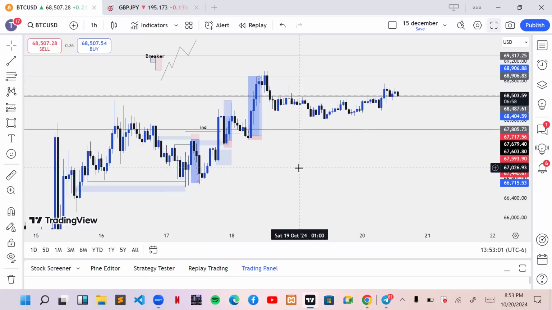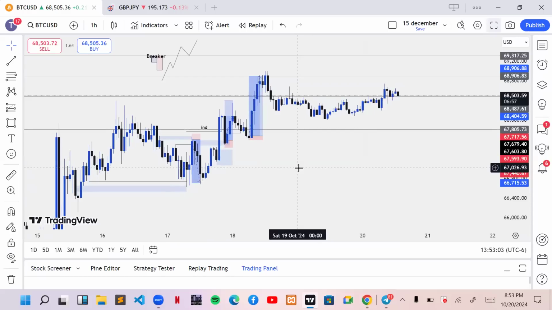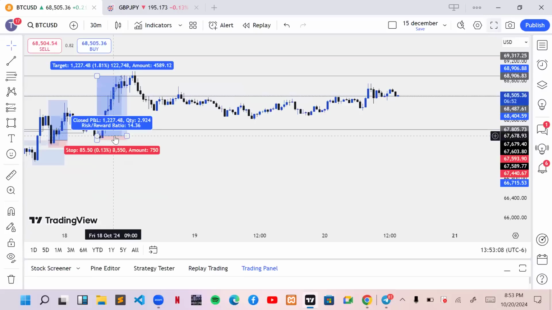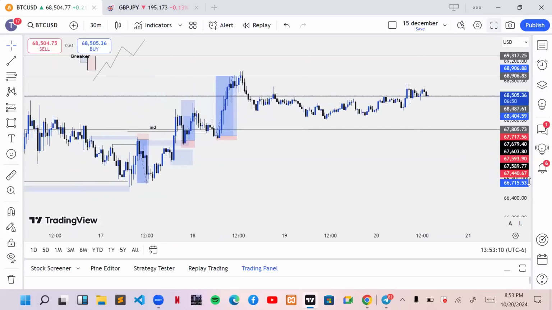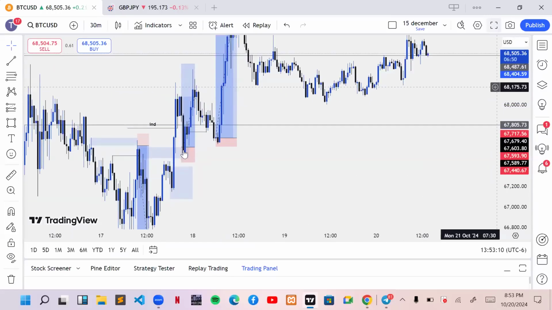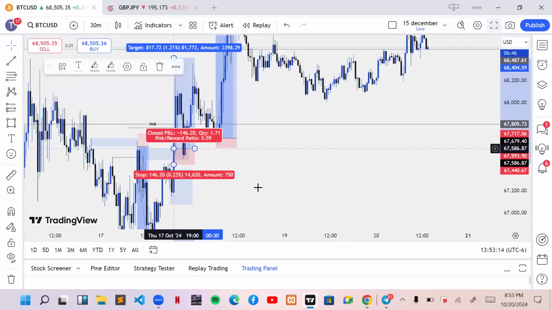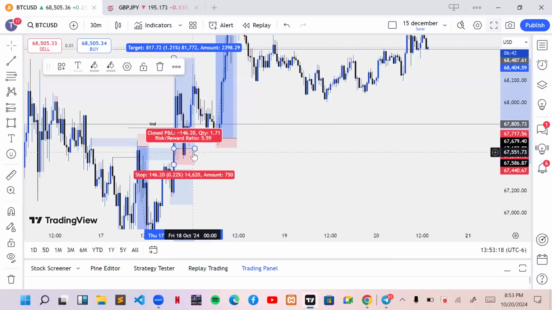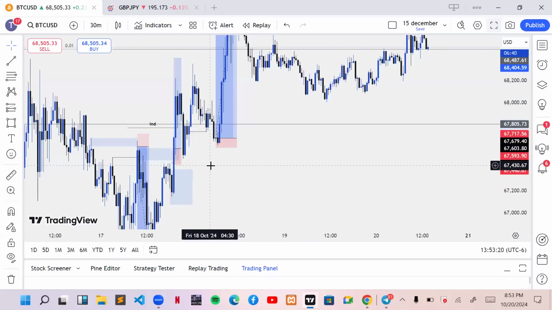Let me see if I can find that trade. I don't really remember the trade form. Let me see if I can find it. I think, yeah, it's this trade here. It was this trade, but I caught it very early when it was already moving. Let me send it to the comment. It was this trade.